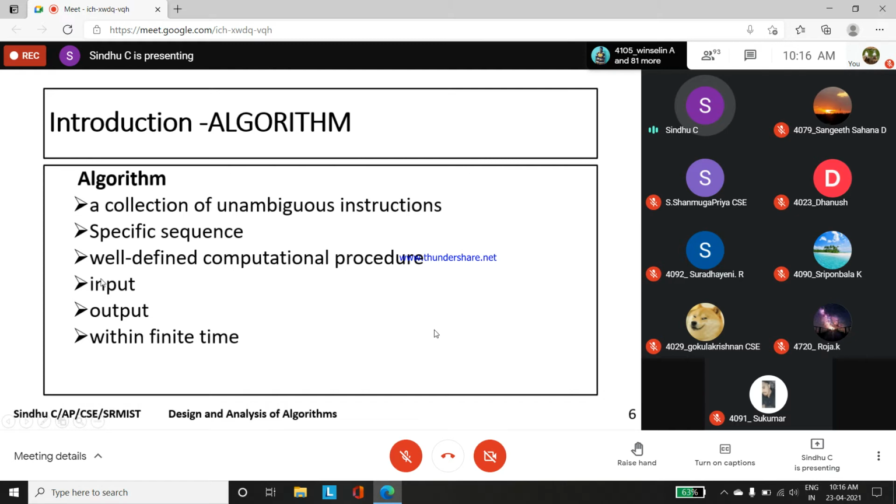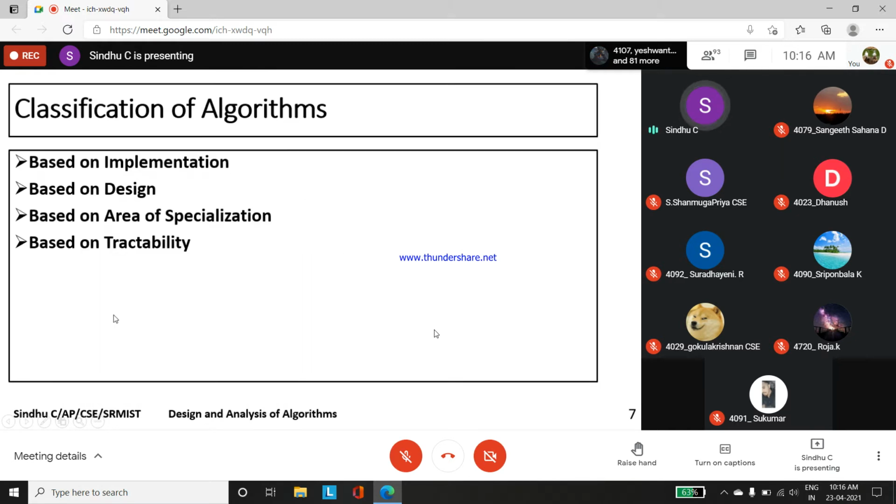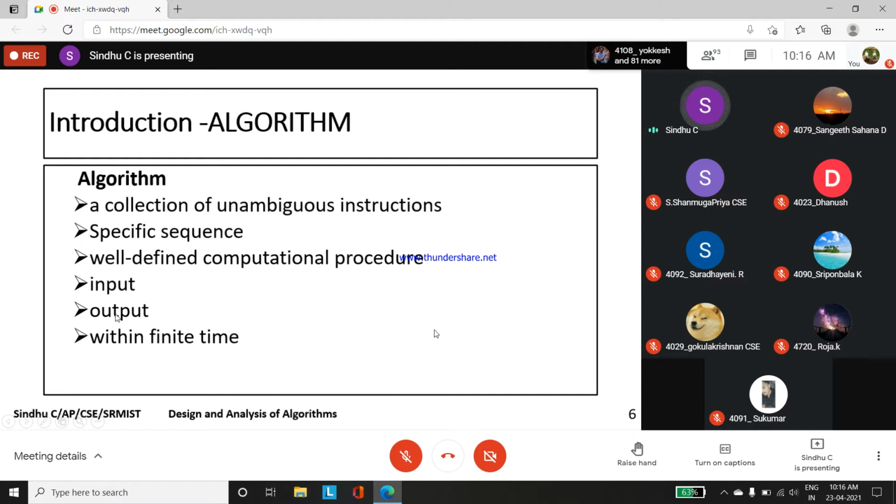Any algorithm should have input, it should have output, and it should have a finite time within which this algorithm can process. It cannot go on in an infinite loop with a never-ending process, right? And all the instructions that we give should be unambiguous. So these are the characteristics of an algorithm, right?